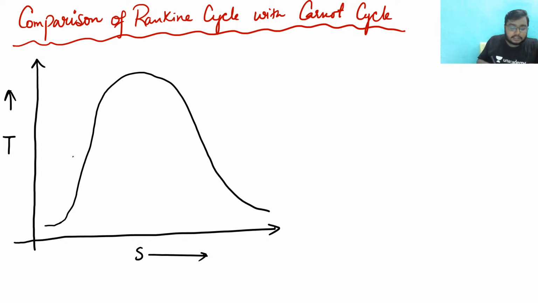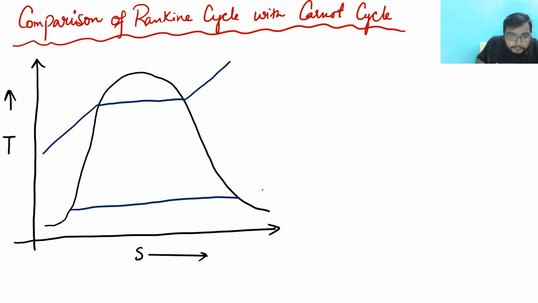Now see, since this is a liquid vapor dome, I have seen there is a constant pressure line. So first I will draw a constant pressure line. There is a constant pressure line. Clear. Okay, so these are the two constant pressure lines that we have got.